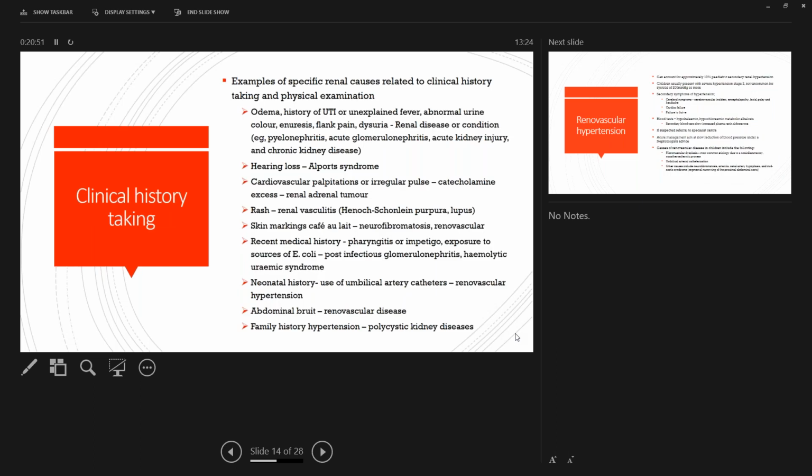So clinical history taking. Clinical history taking is important, and I've just put it in here because it's very easy to then relate to specific causes of renal secondary hypertension.